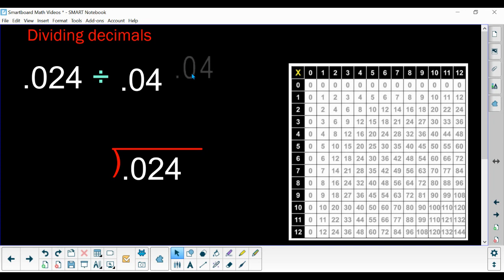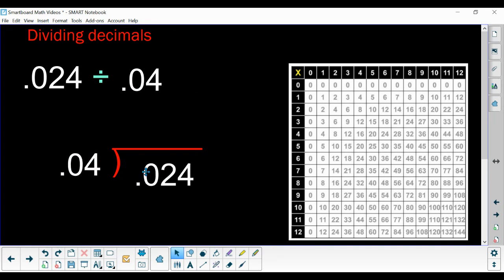The second number always goes on the outside, right? This is the dividend, and this is the divisor. This is what's going to be cut up, and this is how much it's going to be cut up by. Inside number, dividend; outside number, divisor.